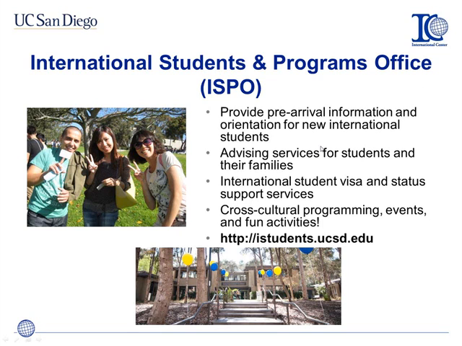You can come to us if you have any questions regarding your international student visa and status. In addition, we offer fun, cross-cultural programs and activities for all students at UC San Diego. For more information, you may visit our website at istudents.ucsd.edu.